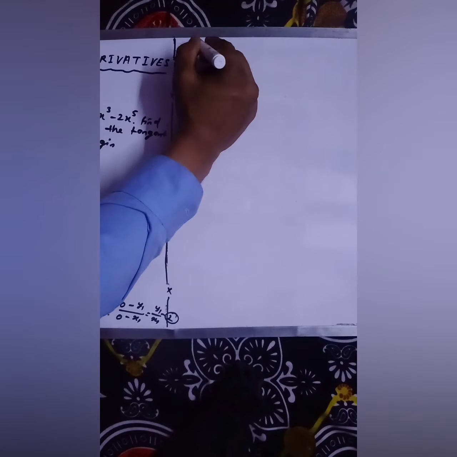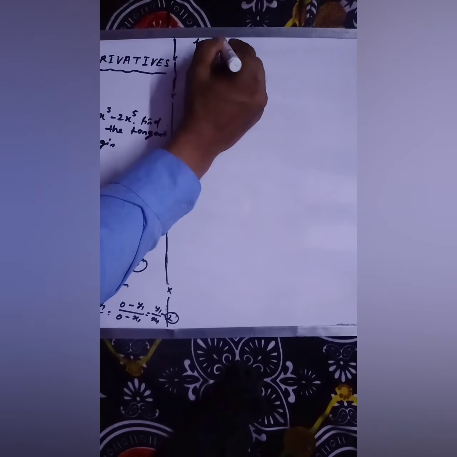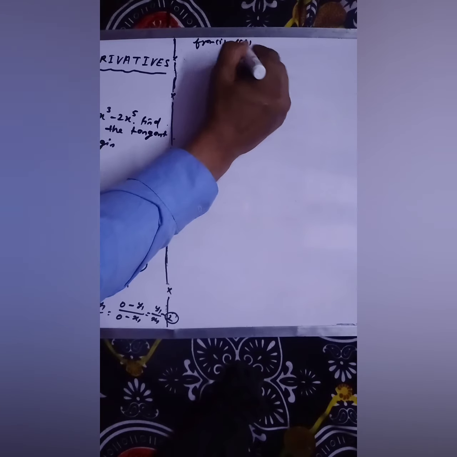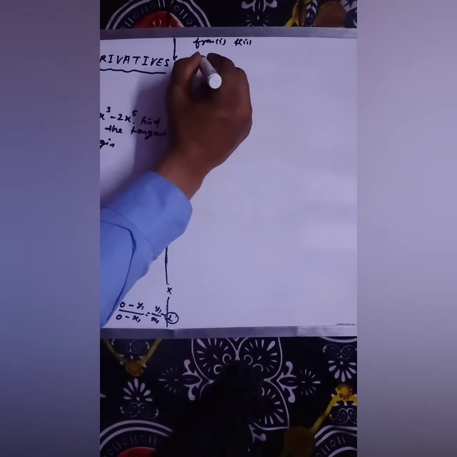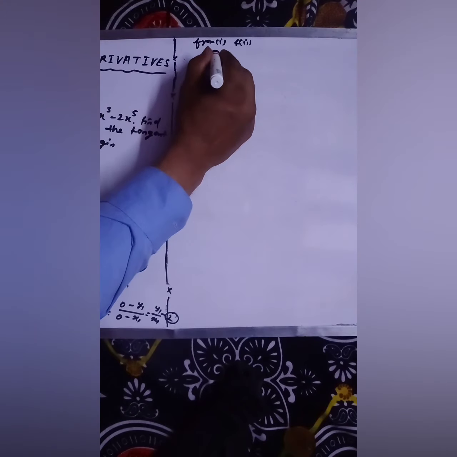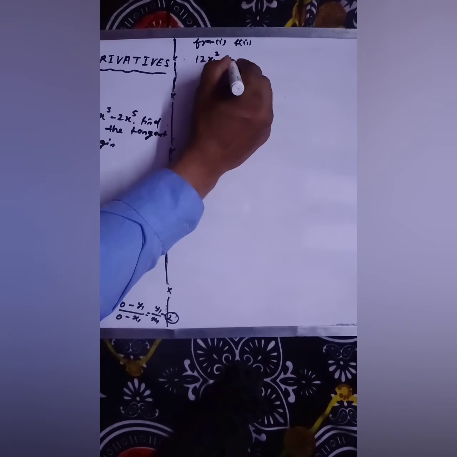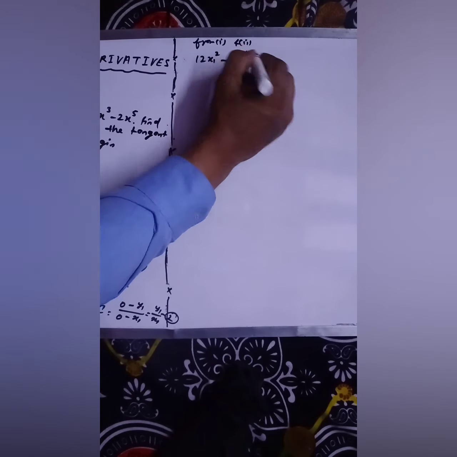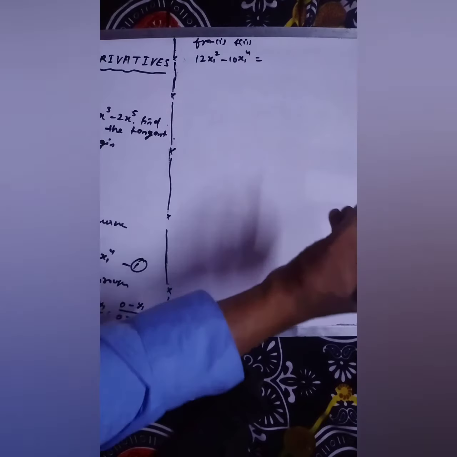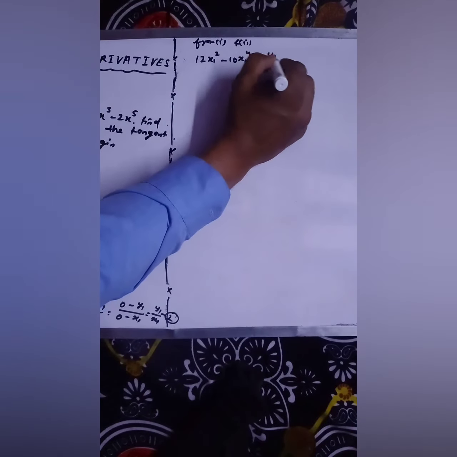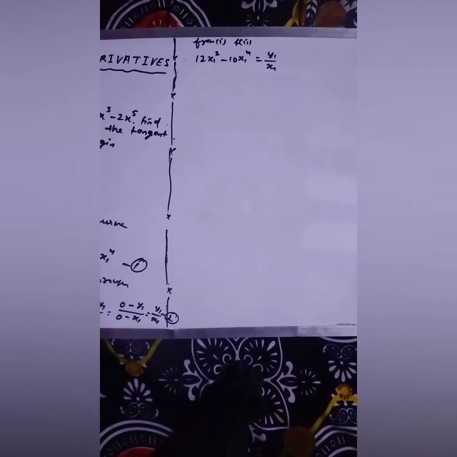So from 1 and 2, this is equal to y1 upon x1.